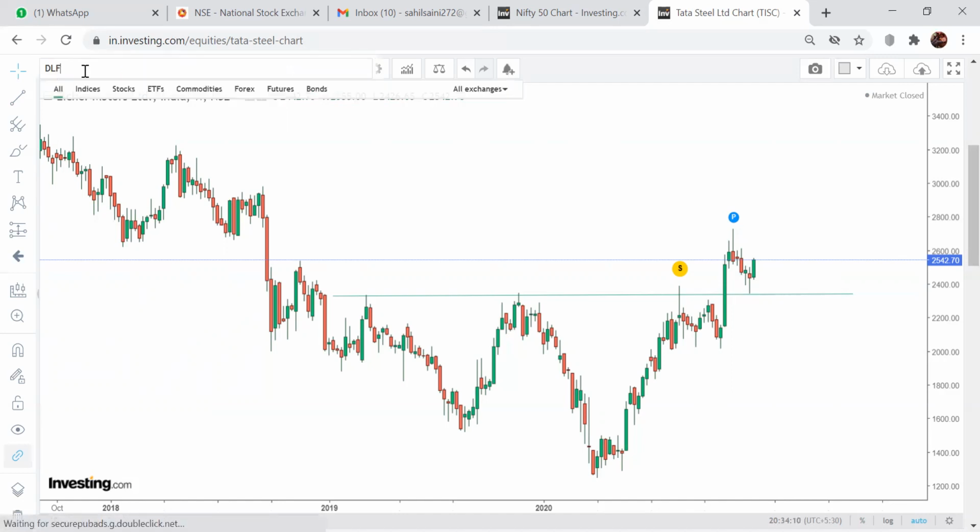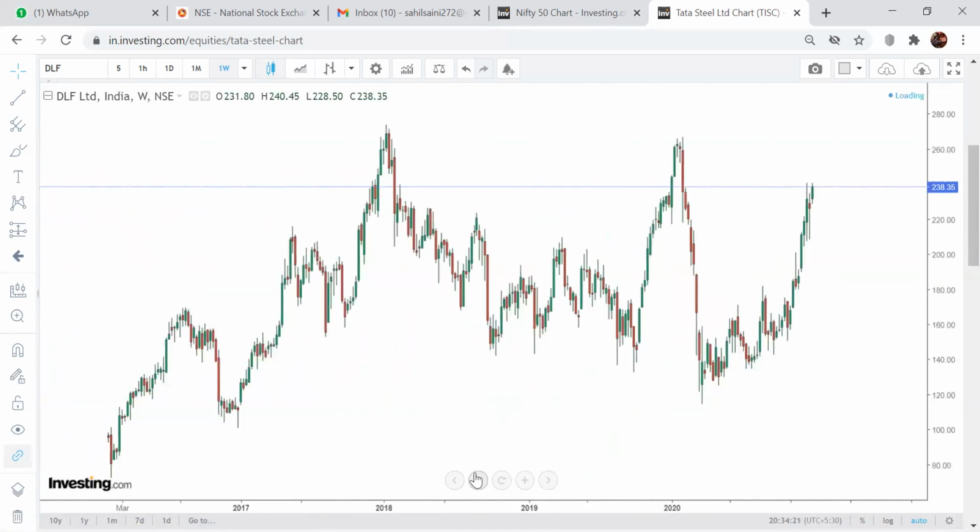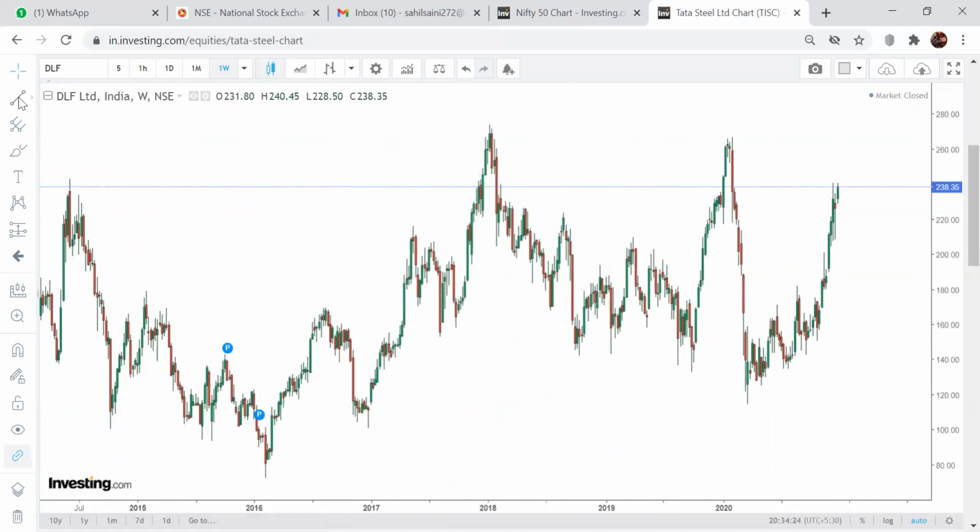Let's see DLF. Oh my god, beautiful, right? But actually I'm not trading this.